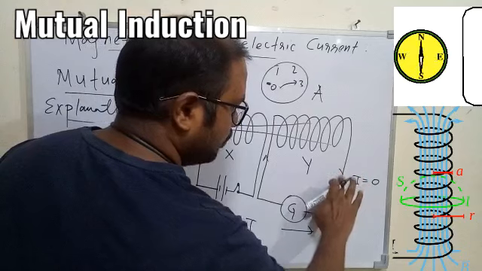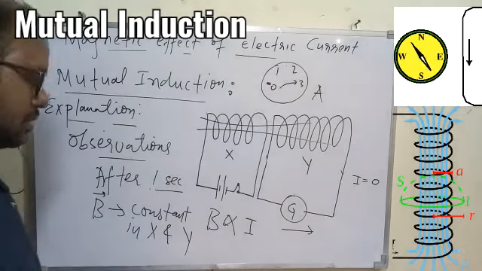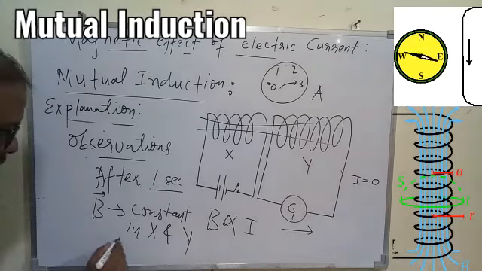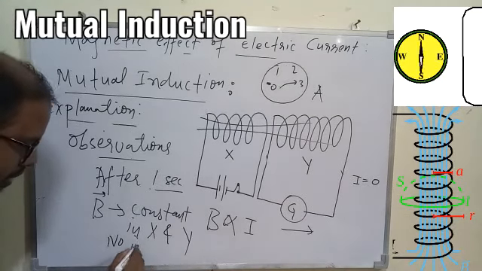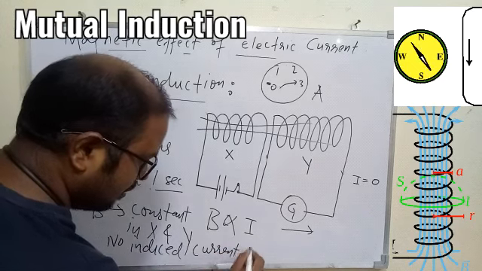So finally there will be no current shown by the galvanometer. So after 1 second, induced current will be 0. So we can say no induced current in Y.